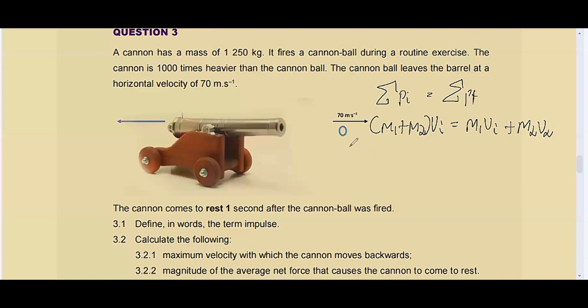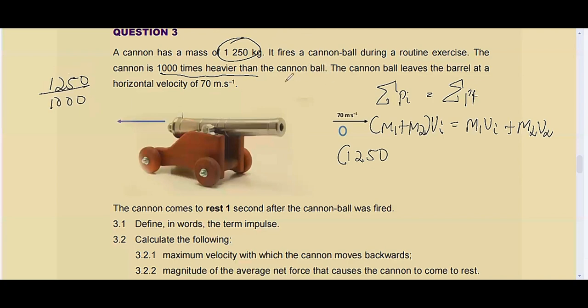Right. Then here we have our mass number 1, which we can say is the mass of the cannon. That's 1,250. We are not given the mass of the cannonball, but then we are told that the cannon is 1,000 times heavier than the cannonball, right? So in order to find the mass of the cannonball, we can simply say 1,250 divided by 1,000, since this mass of the cannon is 1,000 times greater than the cannonball itself.